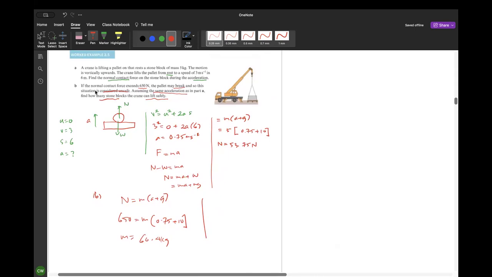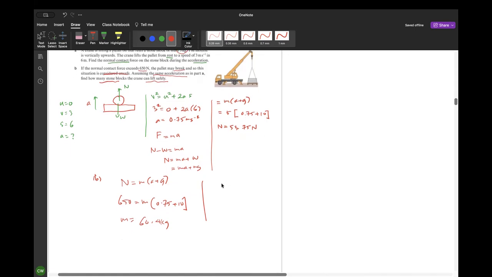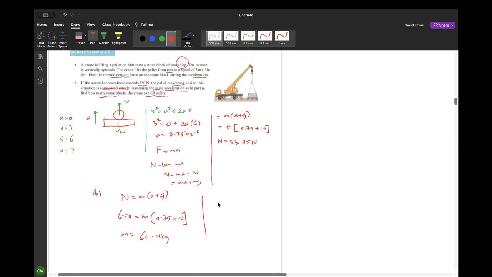Okay, how many bricks? This is the pallet. Each brick is 5 kg. The pallet has no weight. Okay, we do not know the number.